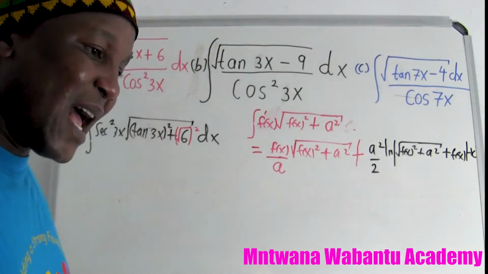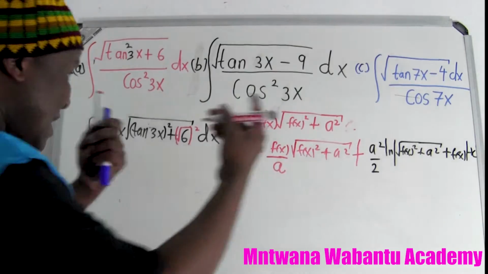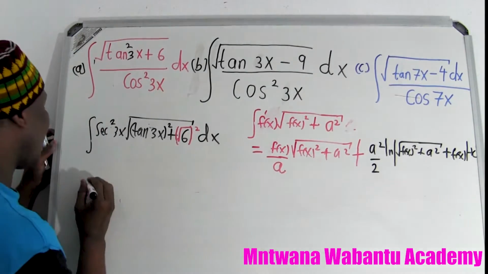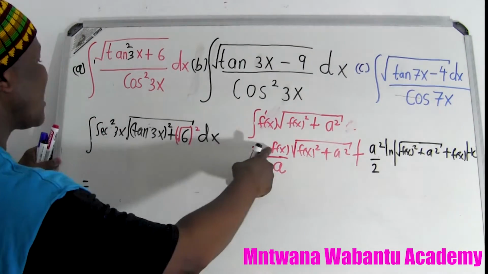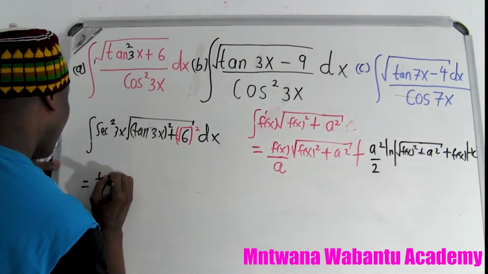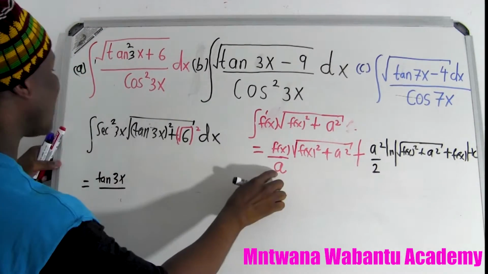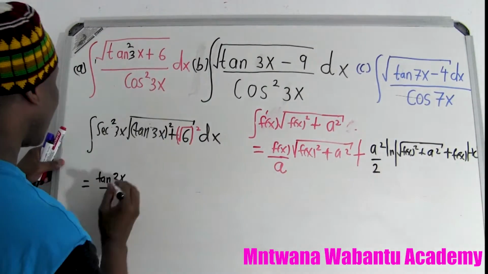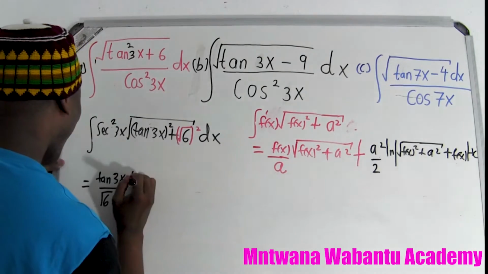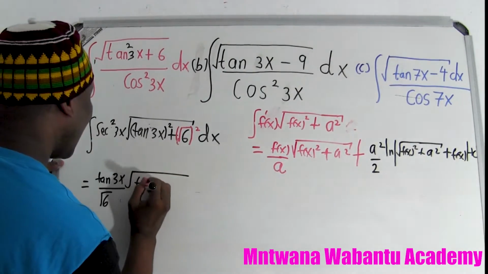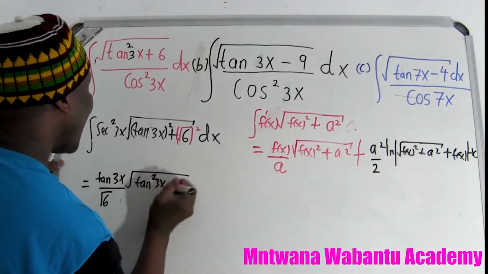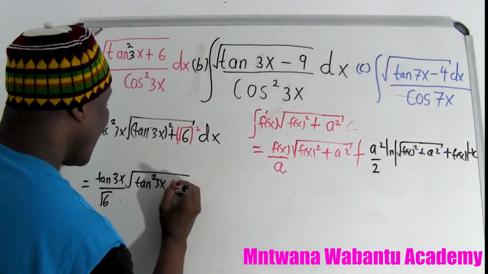Why plus c? Because there is no limit. So for that case, what is f of x? Tan 3x, tan, and then we over a. What is a? A equals the square root of 6, which is going to be tan 3x, squared 3x, and then we plus.